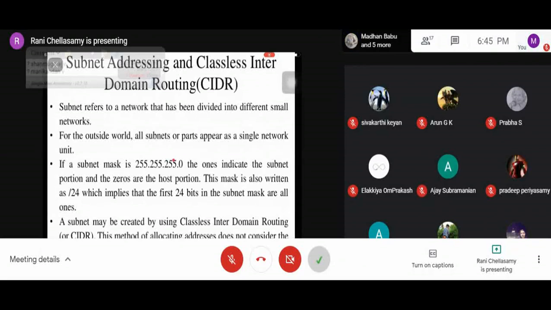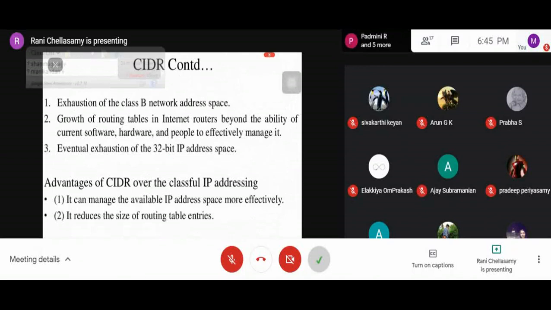What is the advantage of using CIDR over classful IP addresses? Classful means we have 5 classes, no? The advantage is that it reduces the size of the routing table entries, and it can also manage the IP address space more effectively.